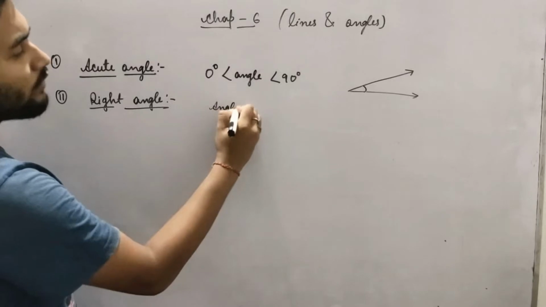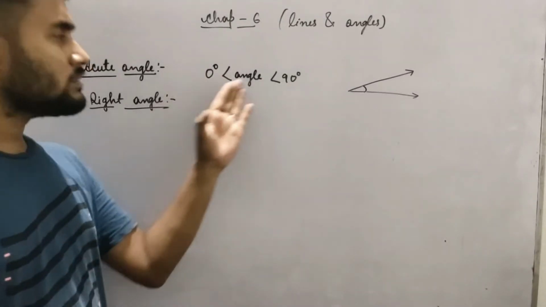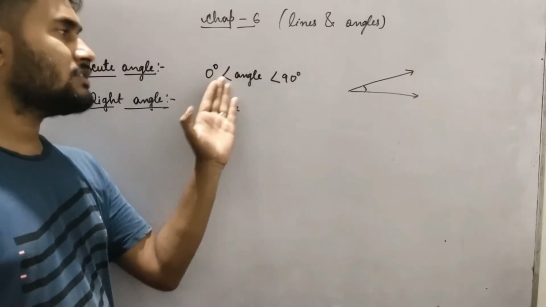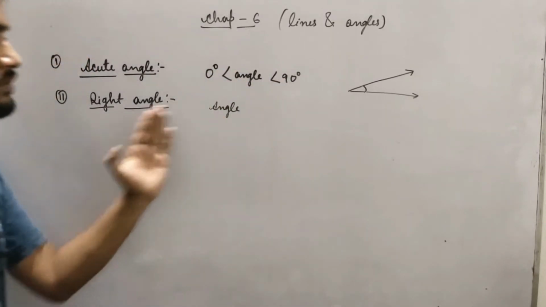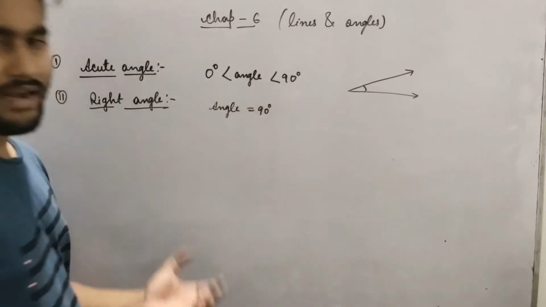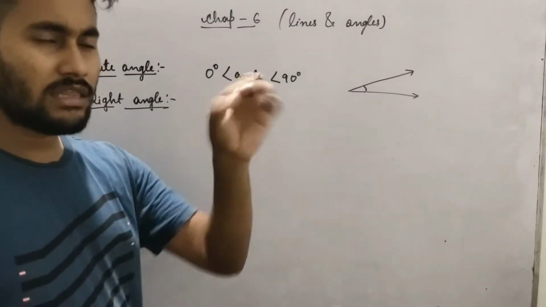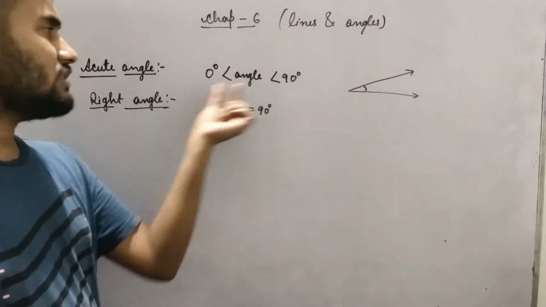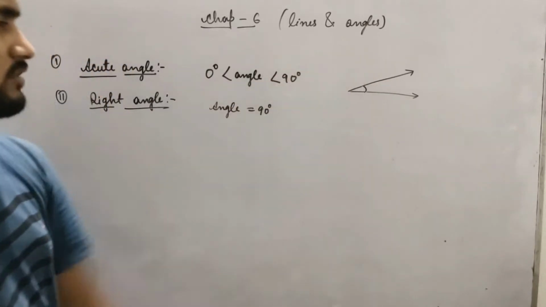I am not going to give any definition, you can write it by yourself. Those angles which are greater than 0 degree but less than 90 degree are known as acute angles. Those angles which are equal to 90 degree are known as right angles. So the definition is very simple. Just add in the beginning, those angles which are greater than 0, less than 90. Finish.